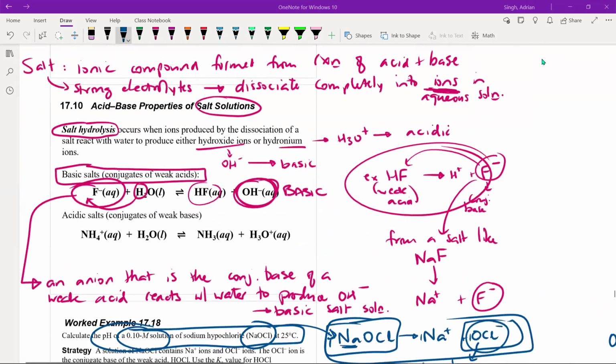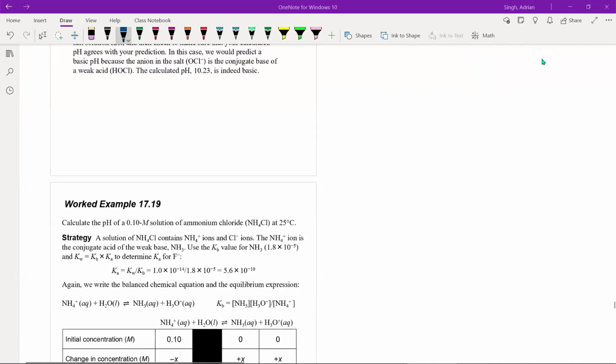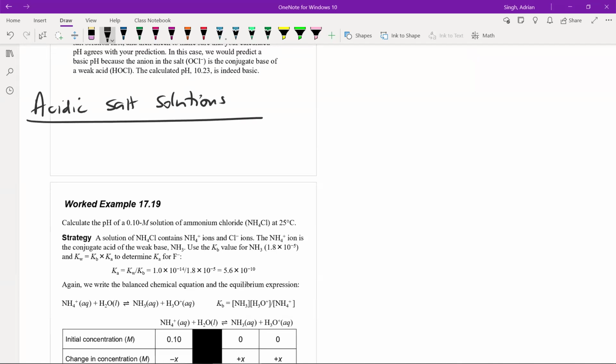If we take a look at acidic salt solutions, before we get to an example, let's write a couple things out. You can maybe guess what types of salts will be acidic.